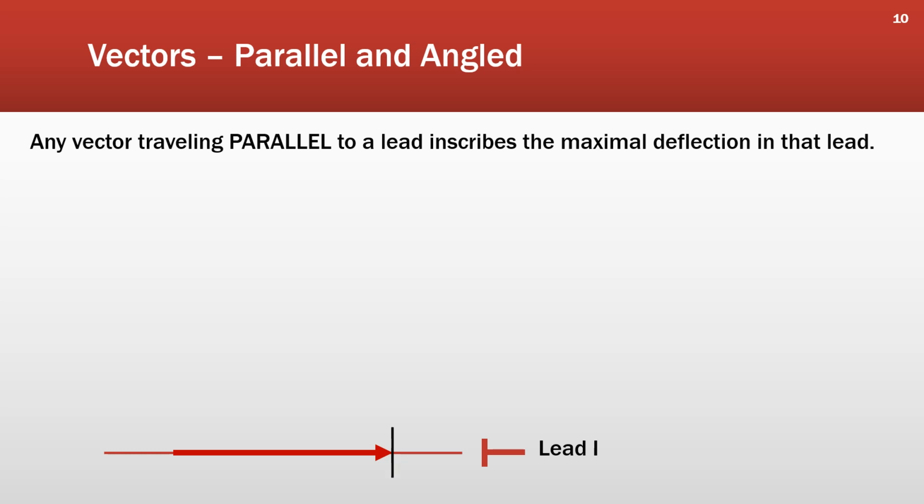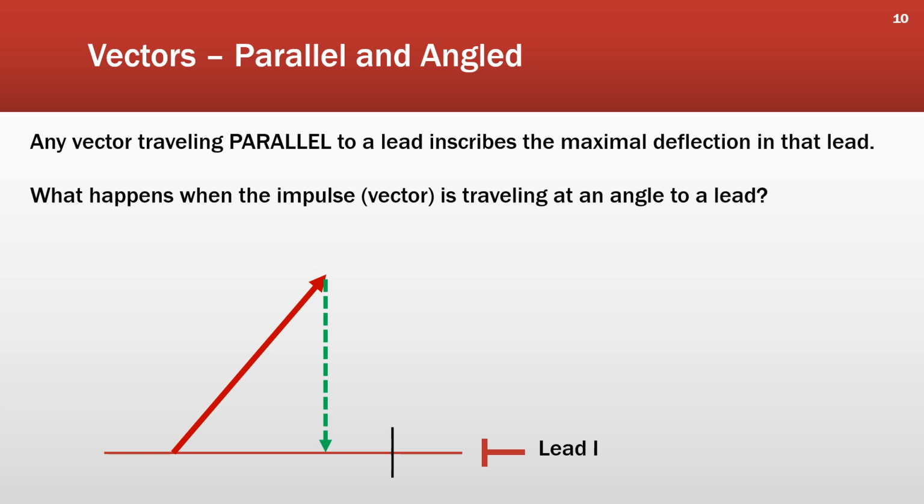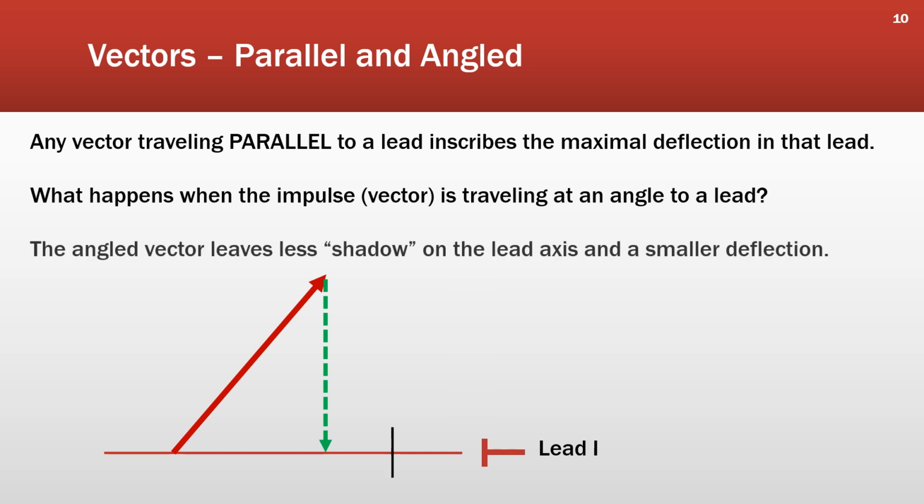Any vector traveling parallel to a lead inscribes the maximal deflection in that lead. But what happens when the impulse, or the vector, is traveling at an angle to a lead? Well, the angled vector leaves less shadow, shall we say, on the lead axis and a smaller deflection.